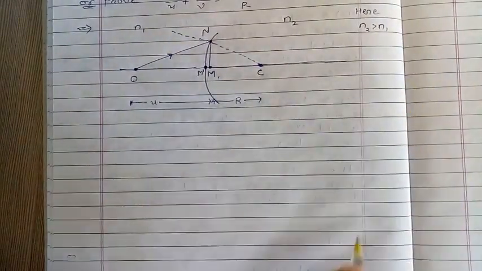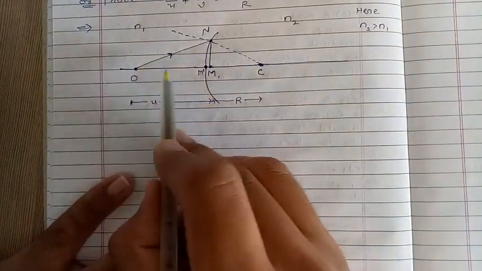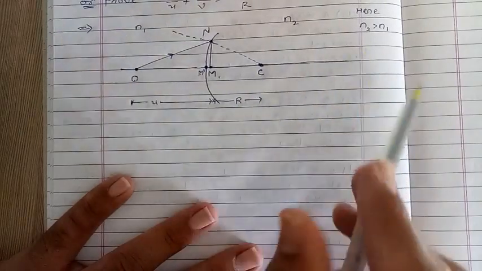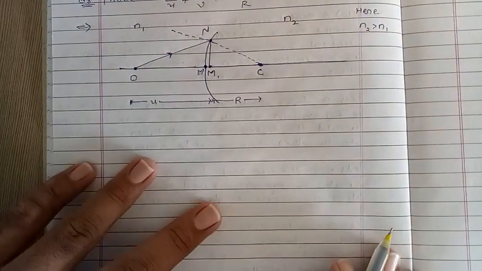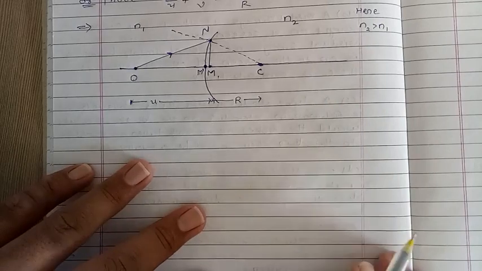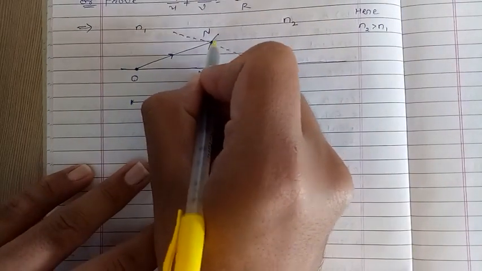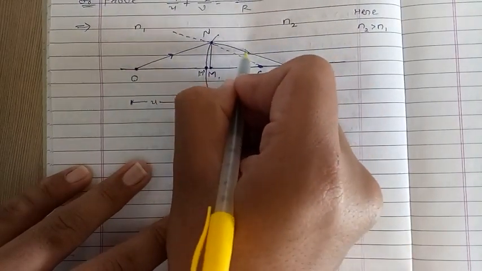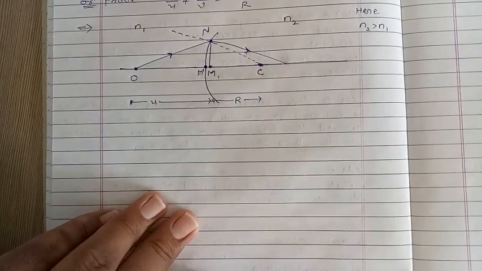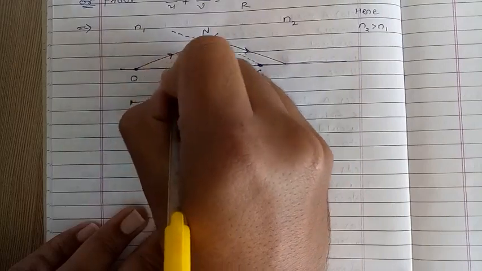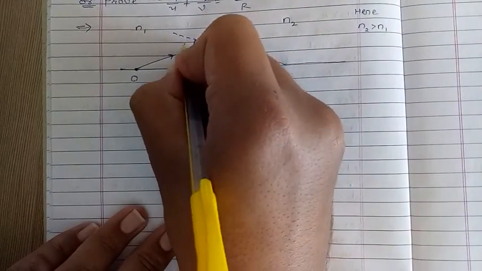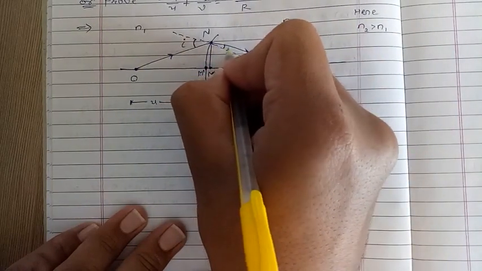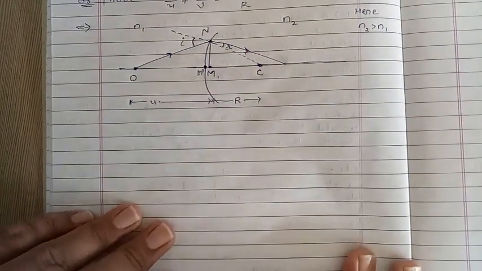So here the ray of light goes from rarer medium to denser medium, and we know that if the ray goes from rarer to denser, then it bends towards the normal. So the ray refracts like this. So this is our refracted ray, right? Here this is the incident ray and normal, so this is angle of incidence i, and this is the refracted ray and normal, so this angle is angle of refraction r, right?